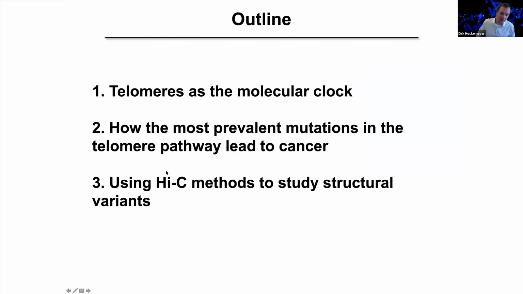I showed you that we can use Hi-C to detect structural variants that are driven by telomere-telomere fusions. With this in mind, we now knew that we can use this technology to hunt for telomere events in cancer biology.